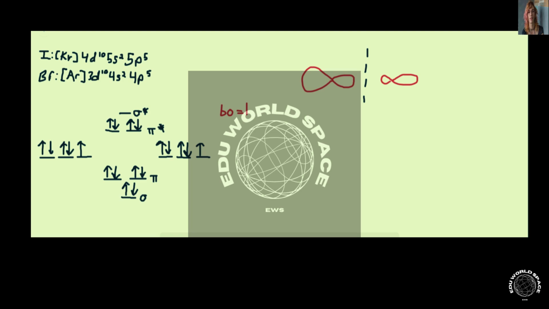Remember, we only have a sigma bond in our molecule, because the electrons in the anti-pi orbitals are canceling out the double and triple bonds we would have formed due to the presence of electrons in our pi orbitals.